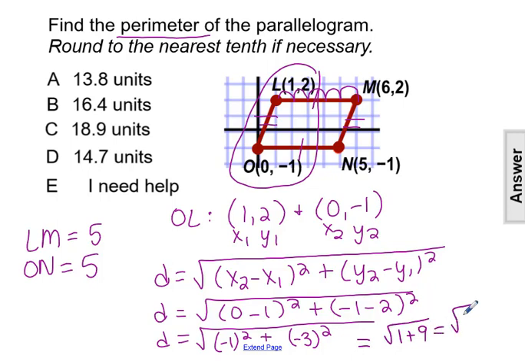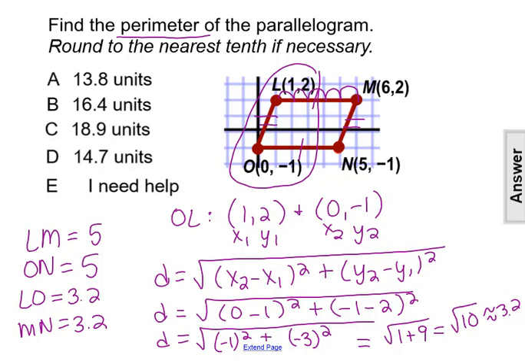So the square root of 10, if we add 1 plus 9, which is approximately 3.2 if we round to the nearest tenth. So segment LO has a measure of 3.2 units, which means the measure of segment MN is also equal to 3.2 units since they are congruent.